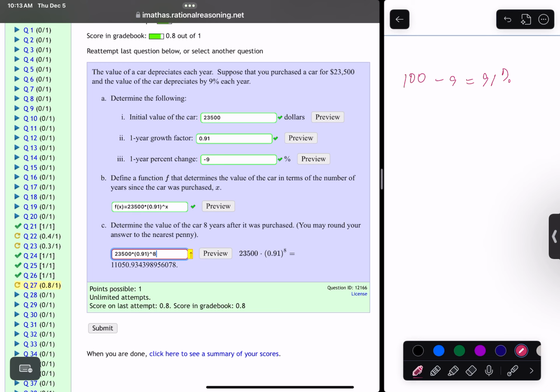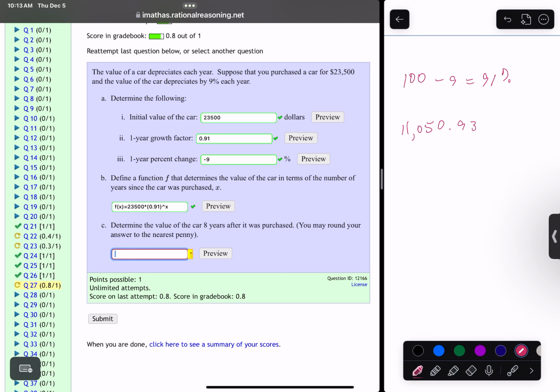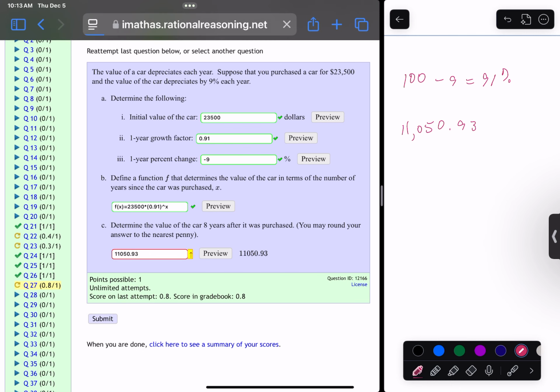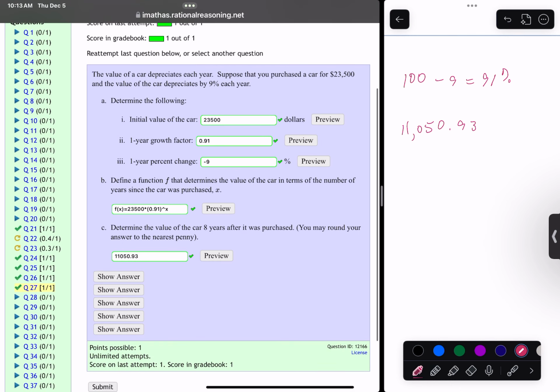Now I'm going to write down that number, so $11,050.93. There's a 4 after the 3, so we're going to keep it a 93. So I'm going to delete that. I'm going to follow the instructions. $11,050.93. So there is question 27.